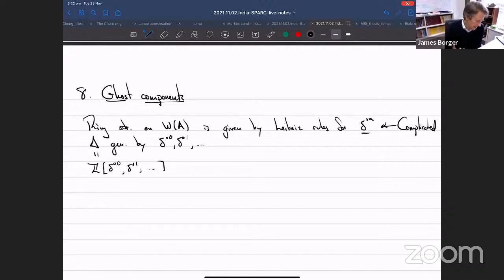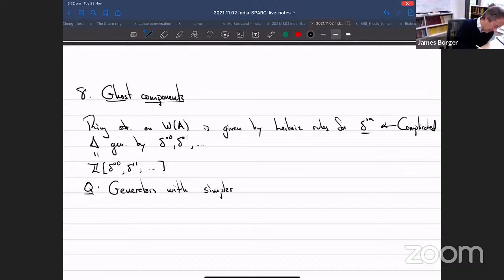But then I made the point that it's also possible to choose other generators, and you get a different set of coordinates on the Witt vectors. Some coordinates might be better for some purposes, other coordinates are better for other purposes. So we can ask ourselves the question: can we find generators with simpler Leibniz rules?